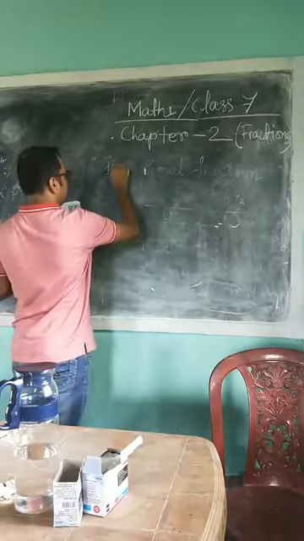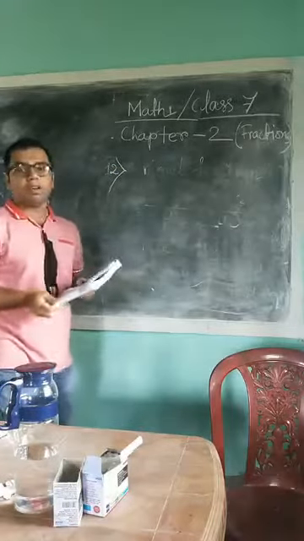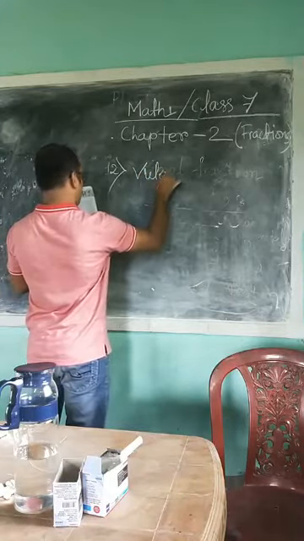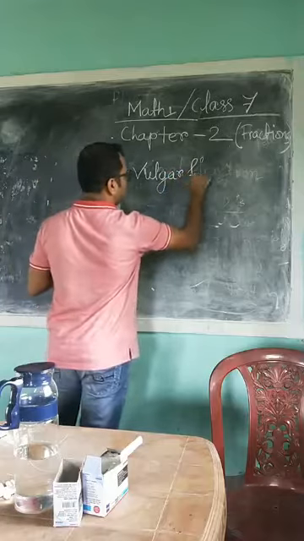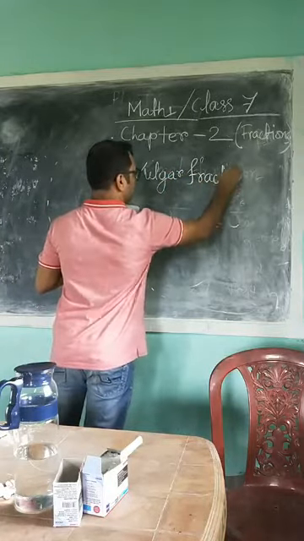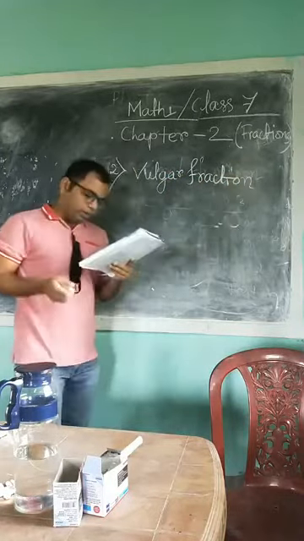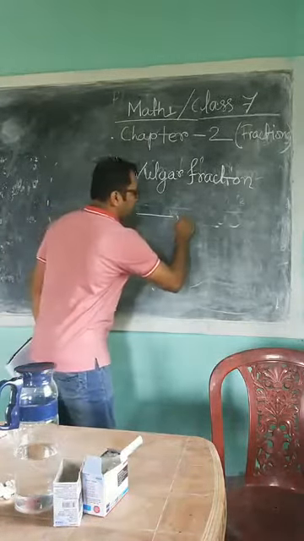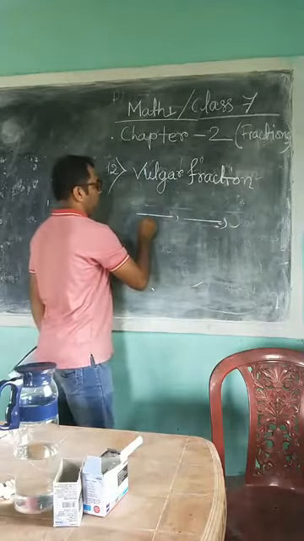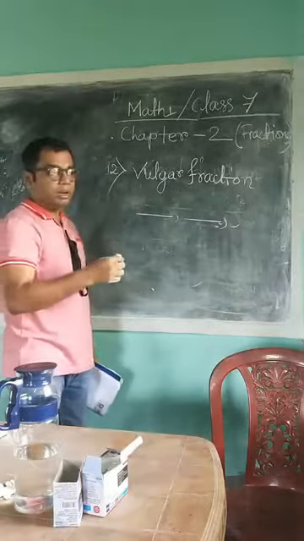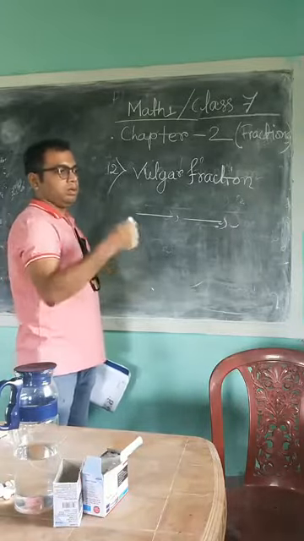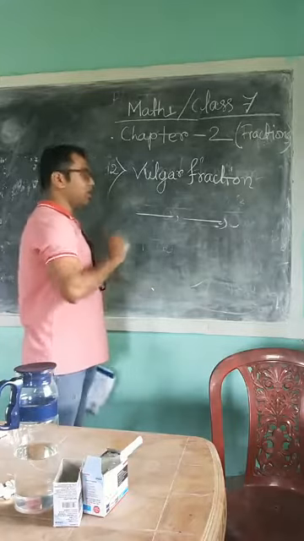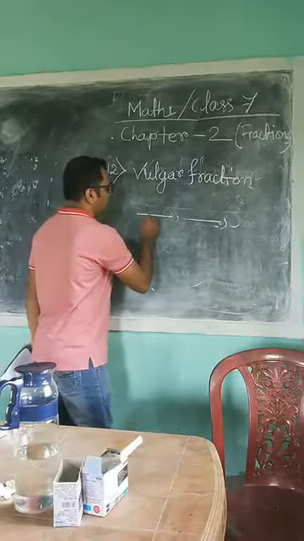Next type of fraction we will see, that is vulgar fraction. Vulgar fraction is such kind of fraction where denominator will be other than 10, 100, 1000. This number will not be included in the vulgar fraction. So we can write any kind of number.